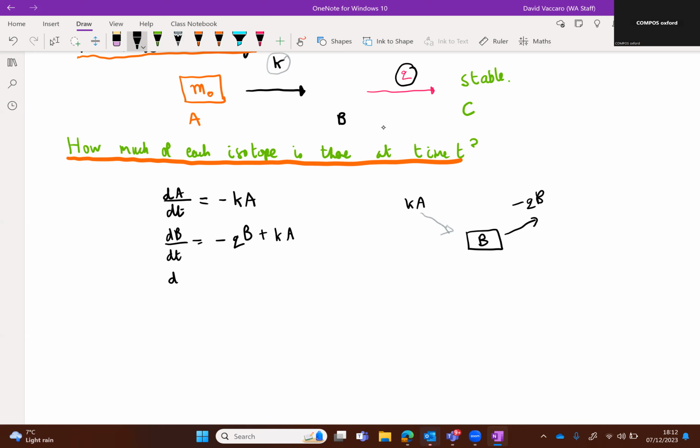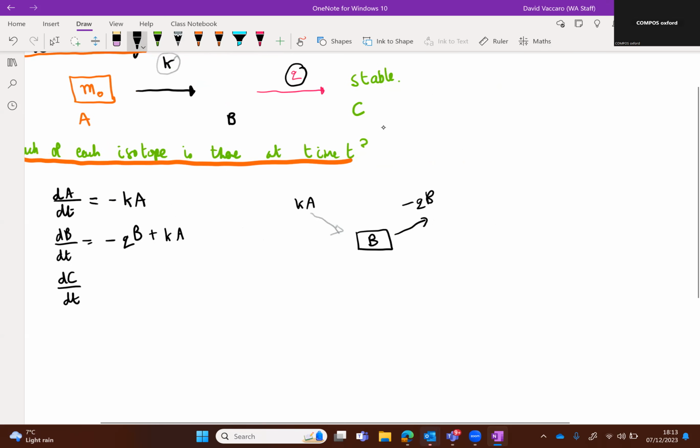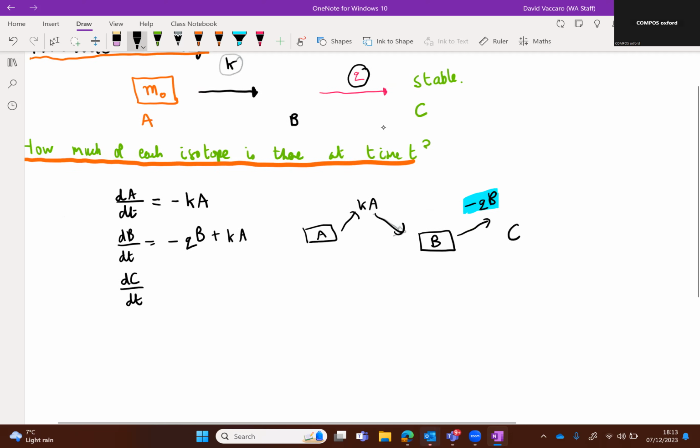And finally, dC by dt: the rate at which B decays is the rate at which material C is being produced, because the decaying B is turning into C. So dC by dt is QB.